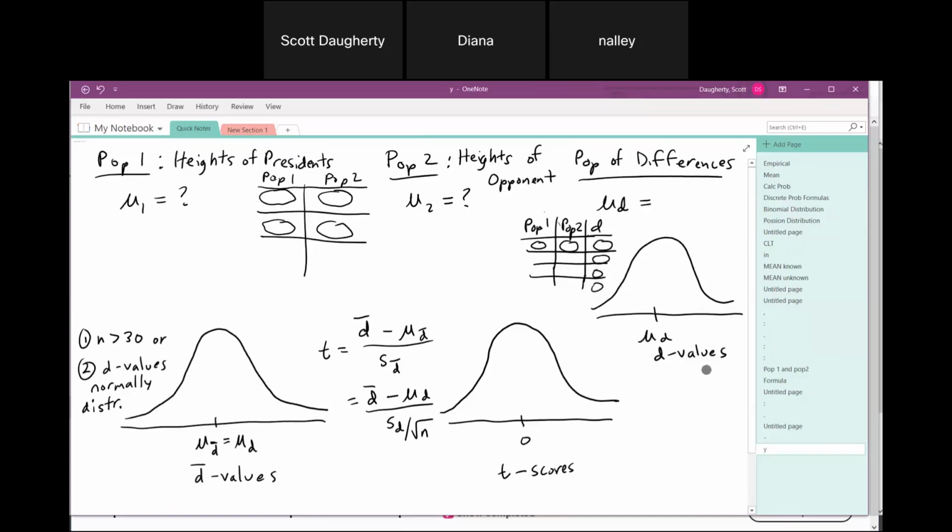They're called D values, very similar to X values, but they stand for the difference in the two numbers. And if you average up these numbers, this is the mean of the differences. We label that as mu sub d, the population mean of the differences that you get from here.